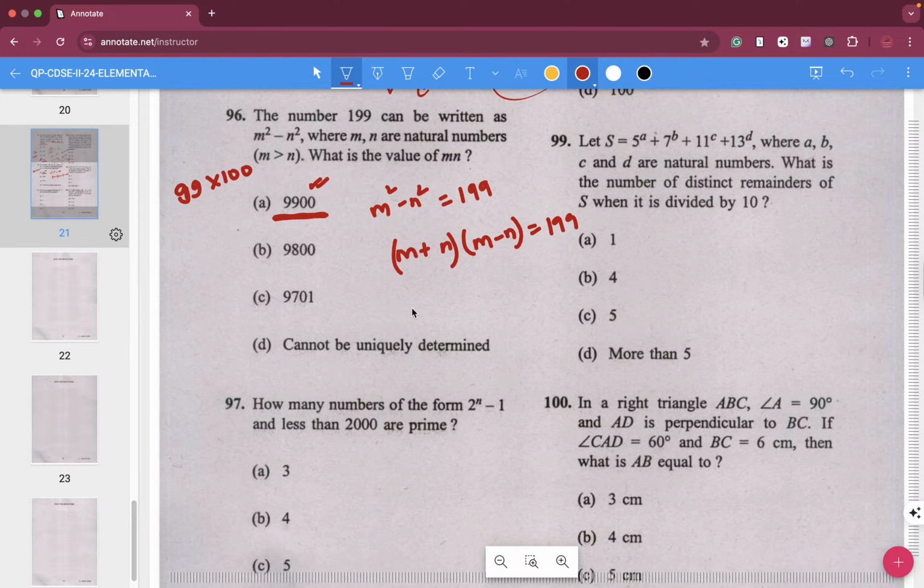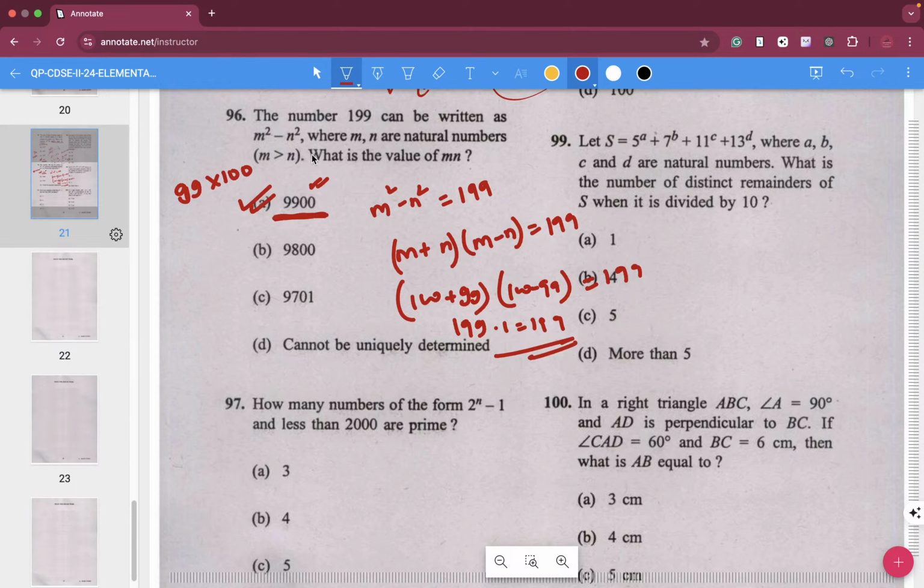Now if instead of m I write 100, and in the place of n I write 99, 100 minus 99, is it giving you 199 into 1 is equal to 199? Yes, it worked out.